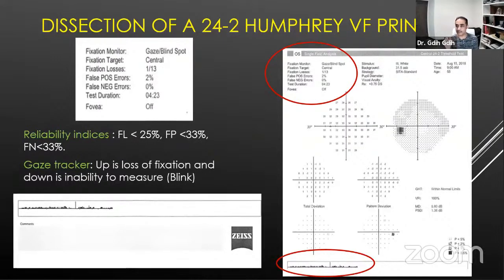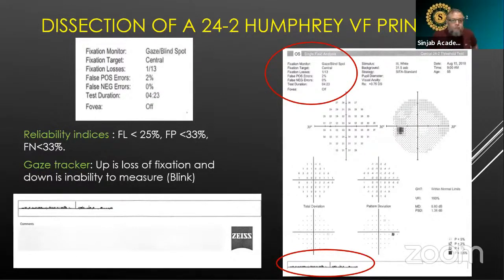The machine remembers the same area where the foveal sensitivity was highest, but the patient is now looking elsewhere, so it finds a difference in sensitivity and marks it as a fixation loss. I don't know if that makes sense, but in simple terms, it's another way for the machine to automatically monitor for fixation losses. Thank you, you're welcome.